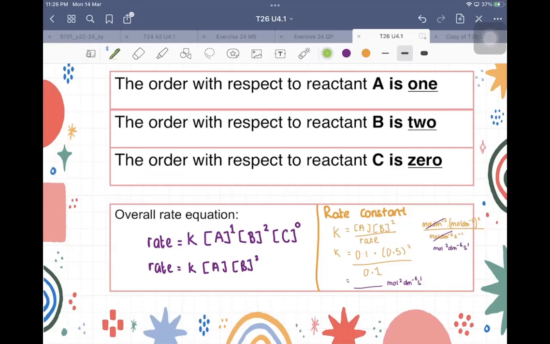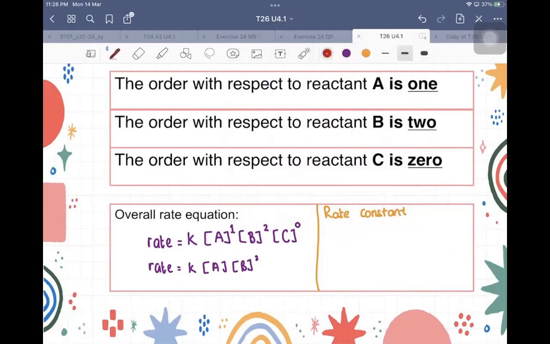It should be the other way around. Sorry, this should be the other way around. Oh gosh, I just realized that now. So that means this whole thing is wrong.